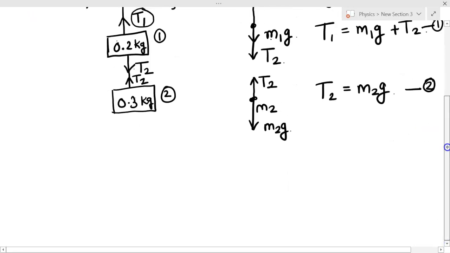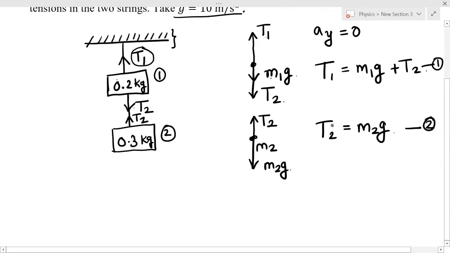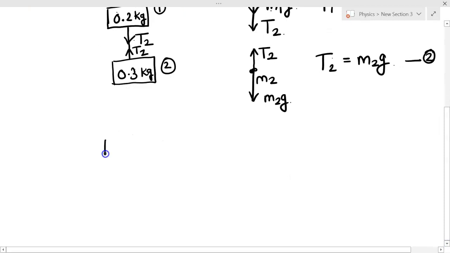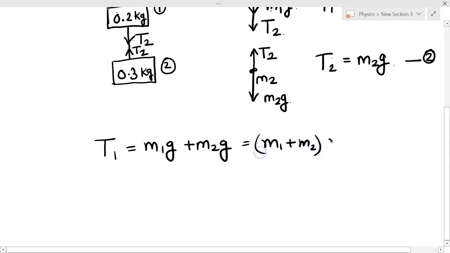Now, can I substitute the second equation T2 in this? Yes, so we will substitute it. T1 will become m1g plus T2. Instead of T2 I will directly write m2g. So here, m1 plus m2 times g. Here T2 is m2g.